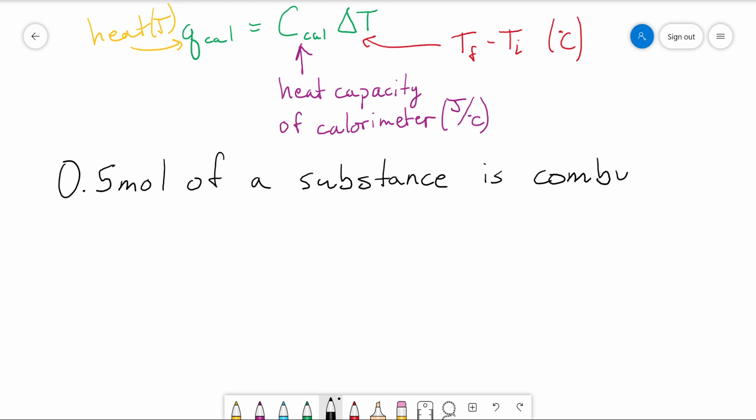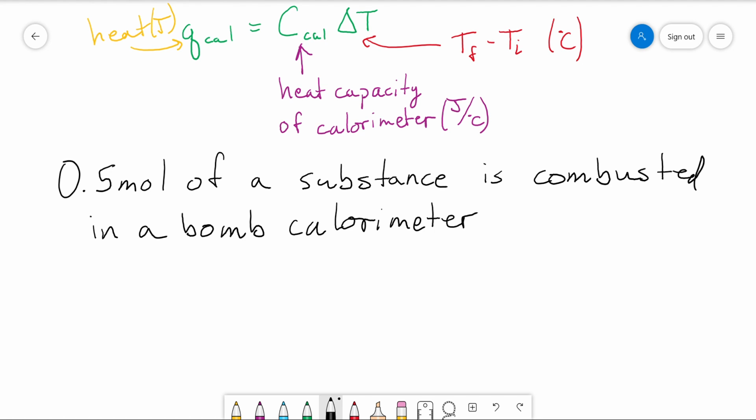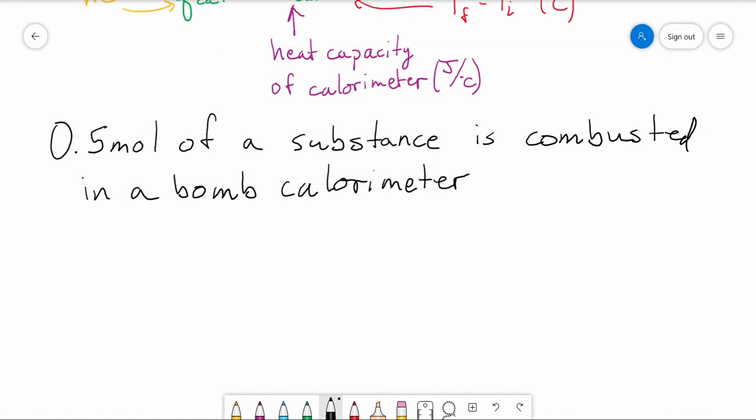That just means reacted with air, gives off heat, in a bomb calorimeter. Okay, we're going to be doing other types of calorimetry. The lab this week is different types of calorimetry. And C-cal is equal to 5.2 kilojoules per degree Celsius. And it's fine that it's kilojoules and not joules. It doesn't really matter.